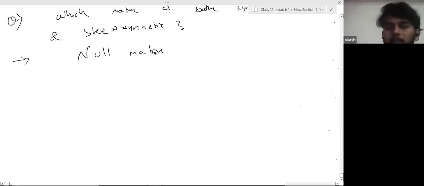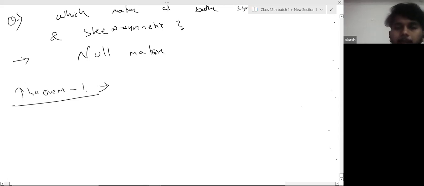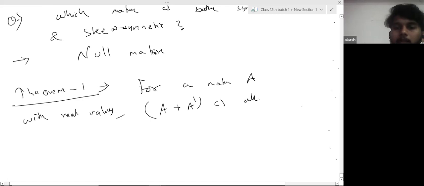So this is all about symmetric and skew symmetric. Now there are a few important theorems on this. Theorem 1. For a matrix A with real values, A plus A transpose is always symmetric and A minus A transpose is always skew symmetric.